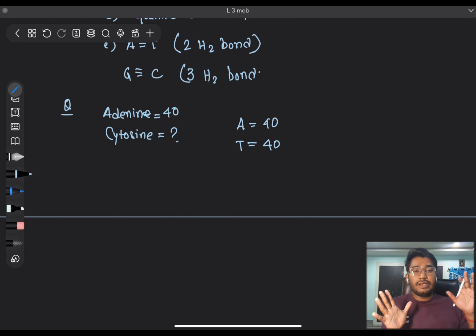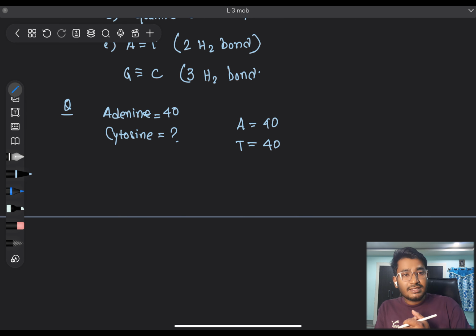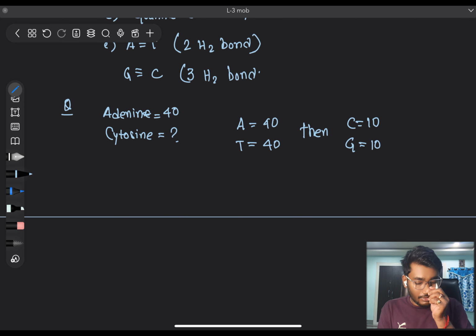Total is 100, so the remaining, 100 minus 40 minus 40, is 20. This 20 is equally distributed between cytosine and guanine, so C equals 10 and G equals 10. Got the point?